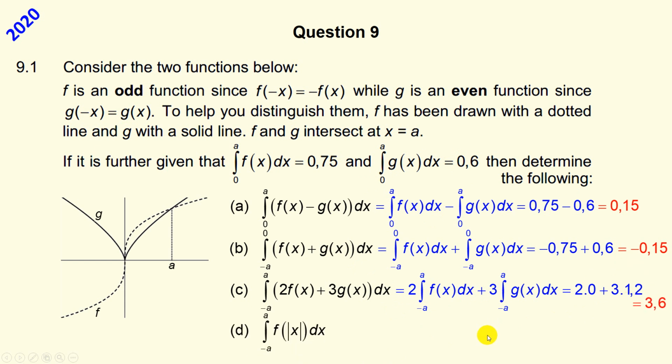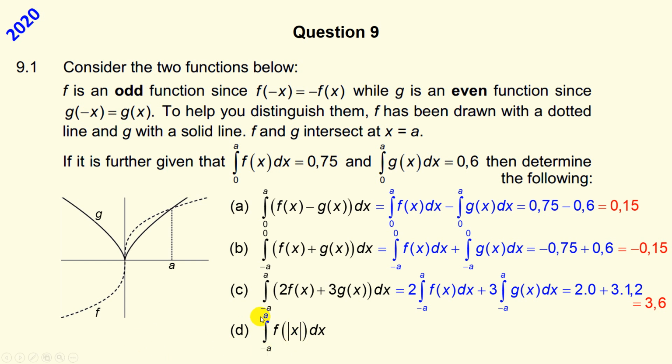Whoops. Next one. Integral from negative a to a of f of the absolute value of x dx. Now, the only way to do that, remember, is to go back to the definition of absolute value. Absolute value of x is x when x is greater than or equal to 0, and negative x when x is less than 0.